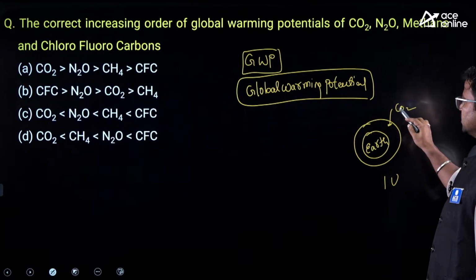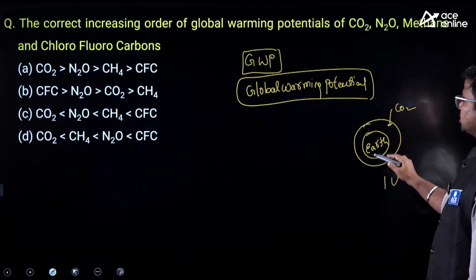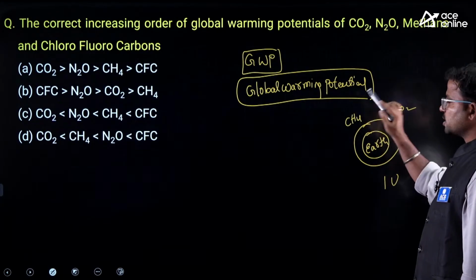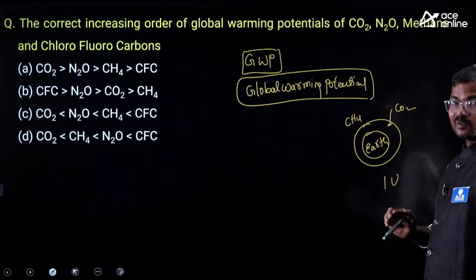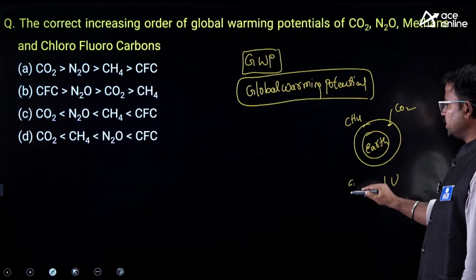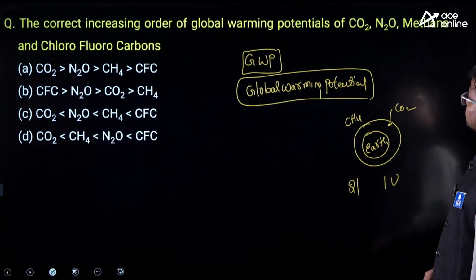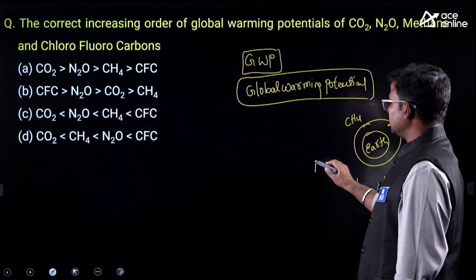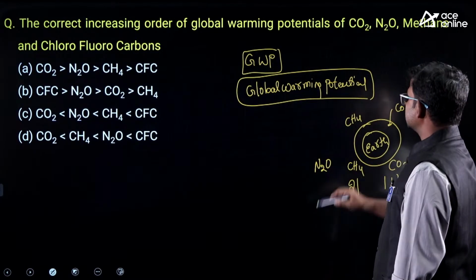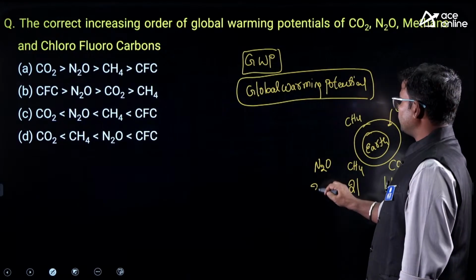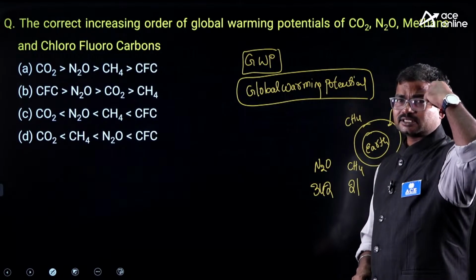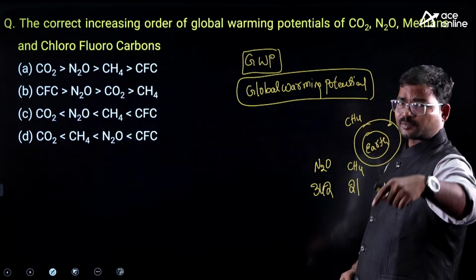In the second case, instead of carbon dioxide, if it is filled with methane, meaning the atmosphere has only methane molecules, then how many times can the planet's temperature be raised compared with carbon dioxide in 100 years? 21 times. Next, nitrous oxide, N2O, around 342 times in 100 years, just an approximate value.